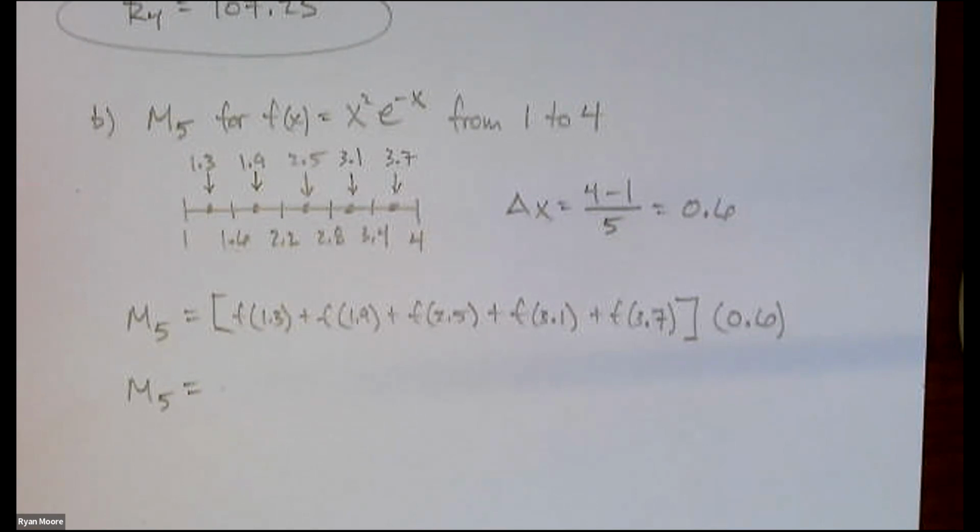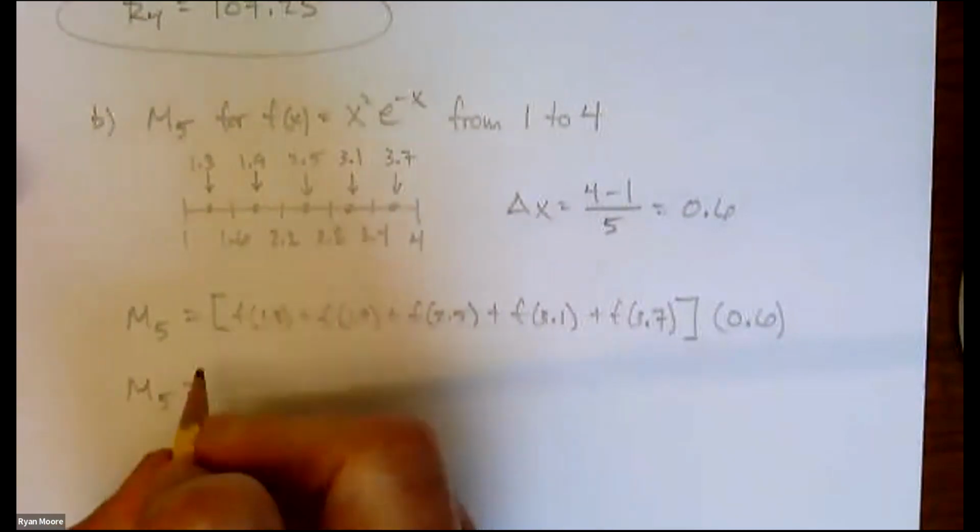Plus 2.5 squared. Plus 3.1 squared, e to the negative 3.1. Plus 3.7 squared, e to the negative 3.7. I got the same thing times 0.6.